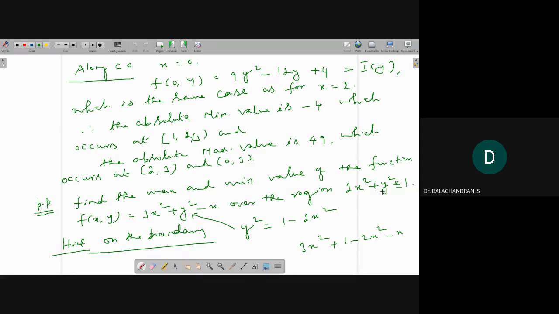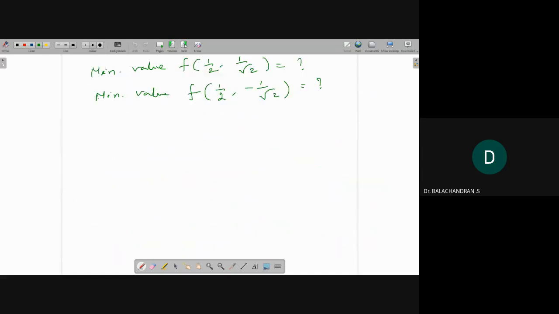Similarly, when y equal to 0, 2x square equal to 1. So x square equal to 1 by 2, x is equal to plus or minus 1 by root 2. So at the corners, there are 4 corners.